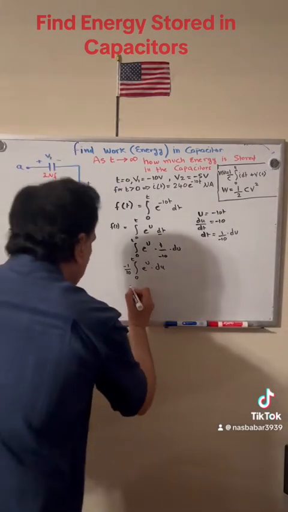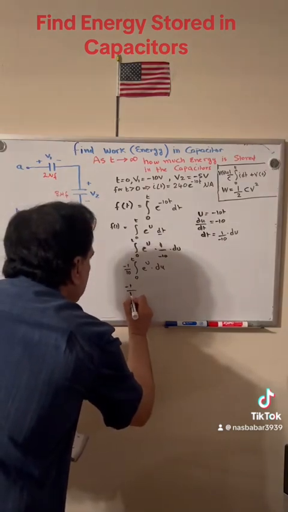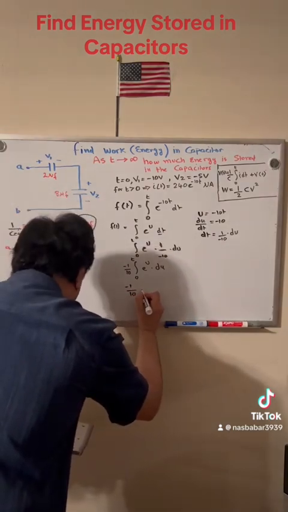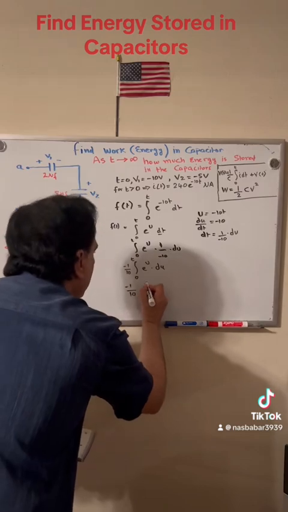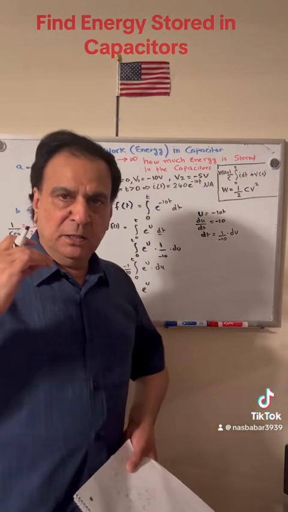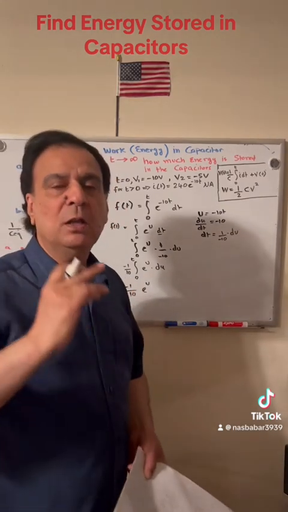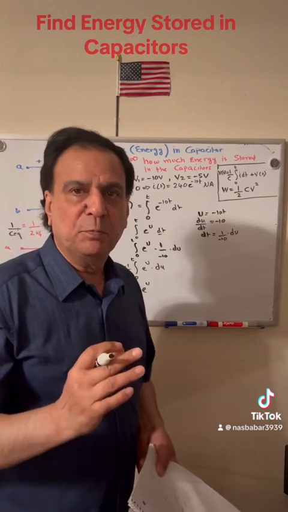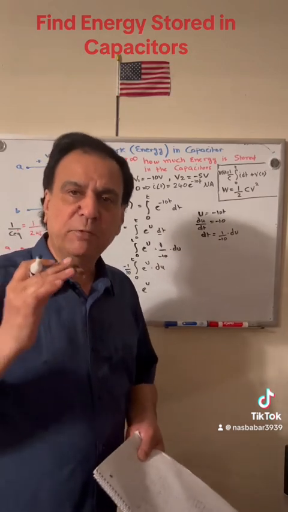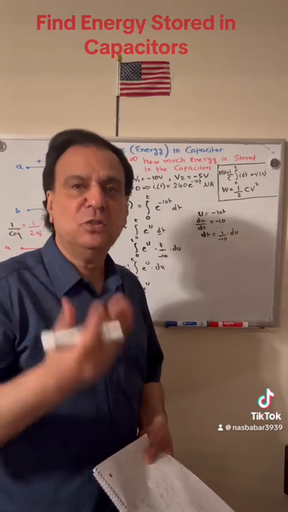So negative 1 over 10 times e^u. As you recall from my previous lectures, Euler's rule, e raised to the power u is indestructible. If you take the derivative of this or the integral of this, it remains the same.